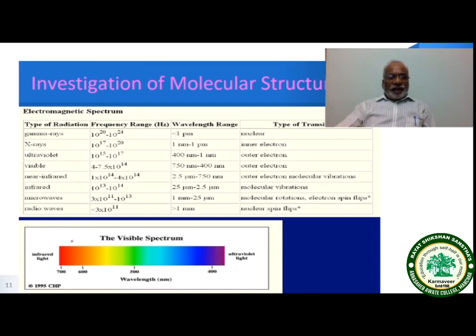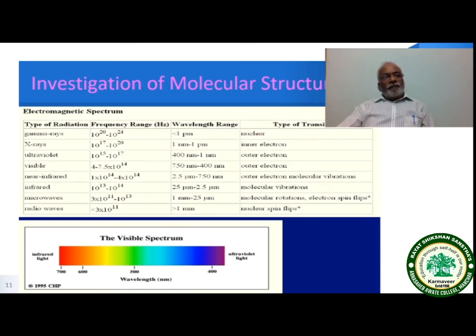So the visible spectrum is approximately ranging from 400 to 800 nanometer.